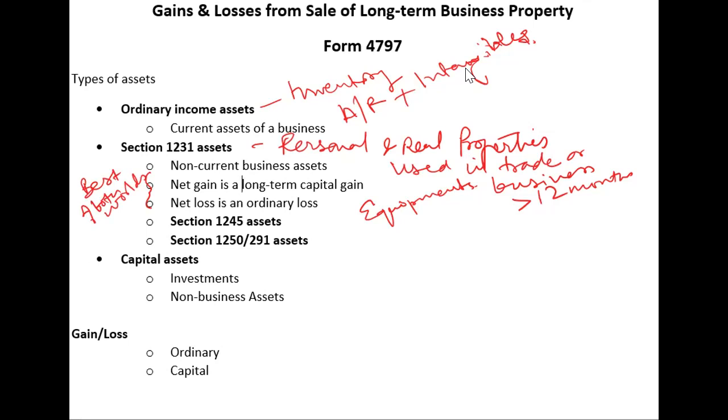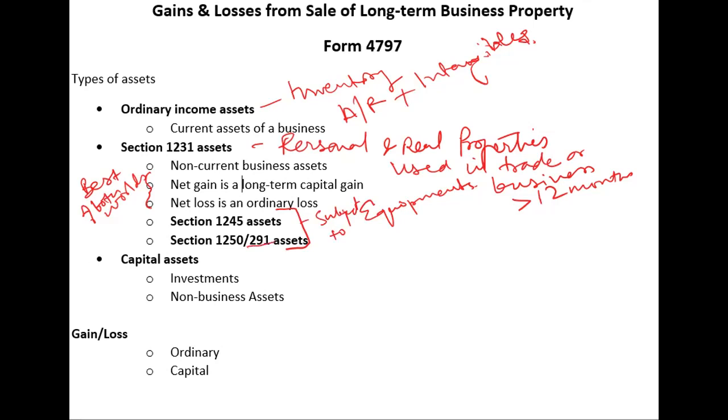Then, if these assets are held for less than or equal to 1 year, then you will be treating it as an ordinary gain. And these conditions are subject to these two sections, 1245 and 1250.